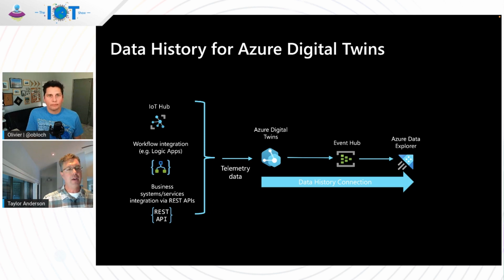So imagine that anytime you update a digital twin, the data history connection takes that update and then sends it out to Azure Data Explorer and stores it in a data history table. And then once stored, you can run joint queries to reason across both the twin graph and the time series data. Okay, sounds pretty logical, and we'll see that in action, right? So you have a demo. So let's look at how it works.